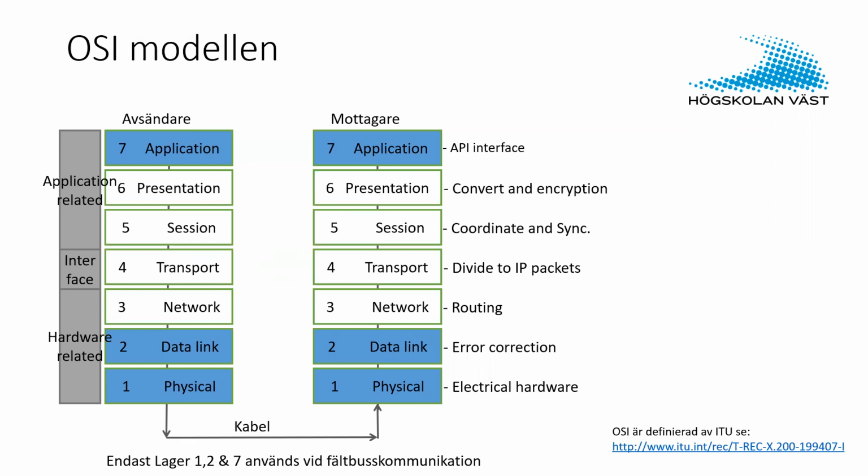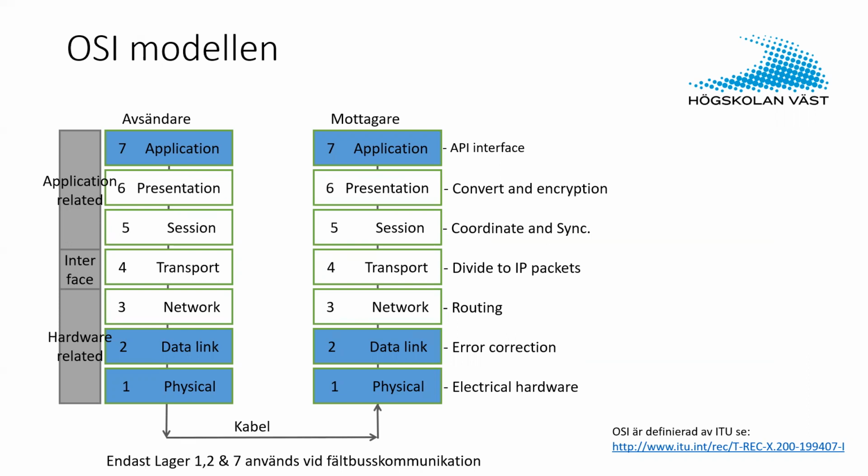So I think many of you are familiar with the OSI model. That's the general network technology model for how you can look at networks and also the protocols used. The OSI model is 7 layers, but quite often you use only some of them.